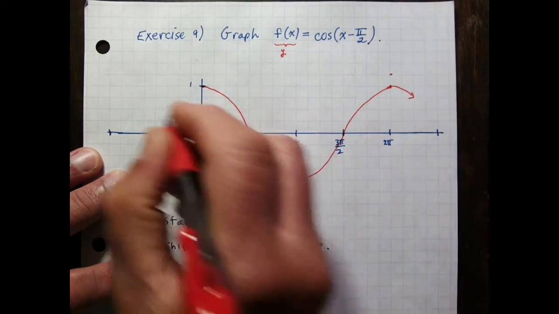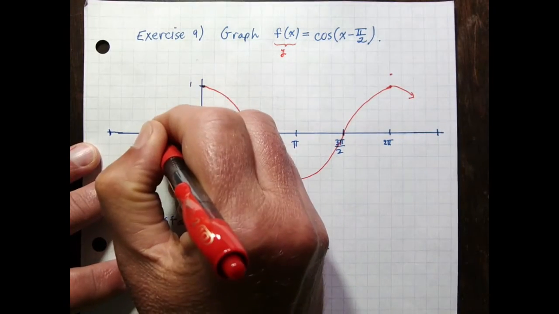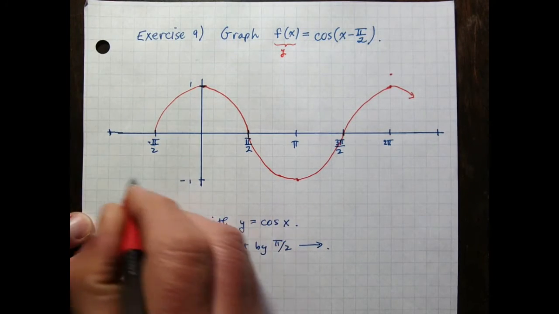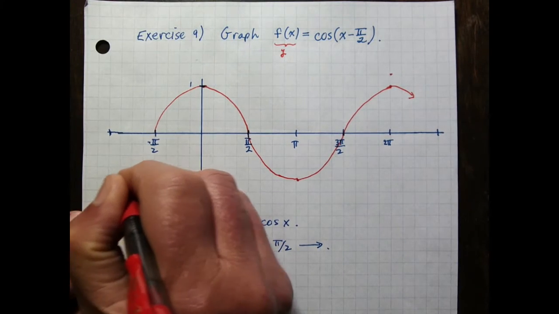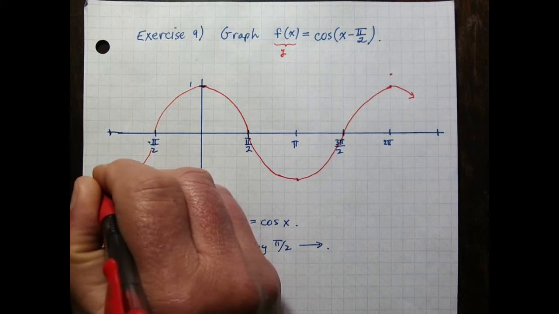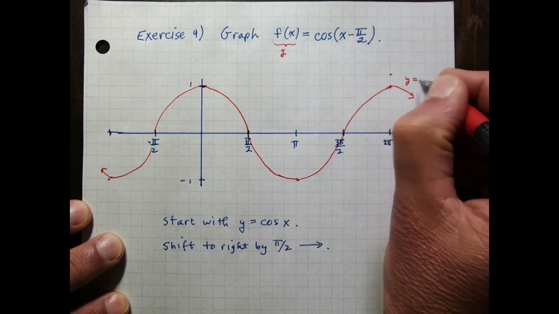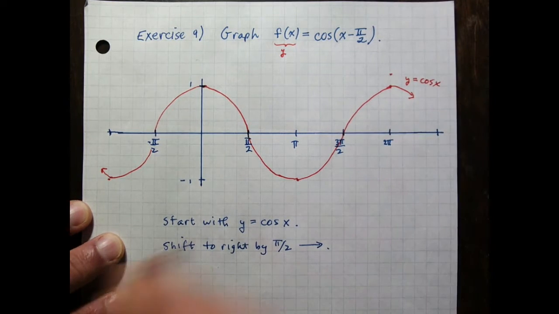And that pattern continues. And I'm going to draw a little bit in the negative direction also. I guess this is actually negative pi right there. So that's a portion of y equals cosine x.